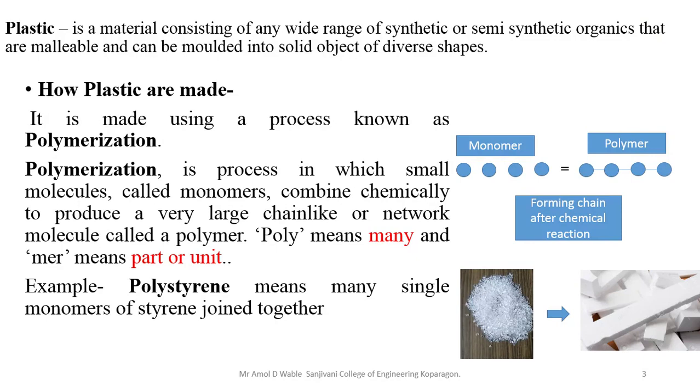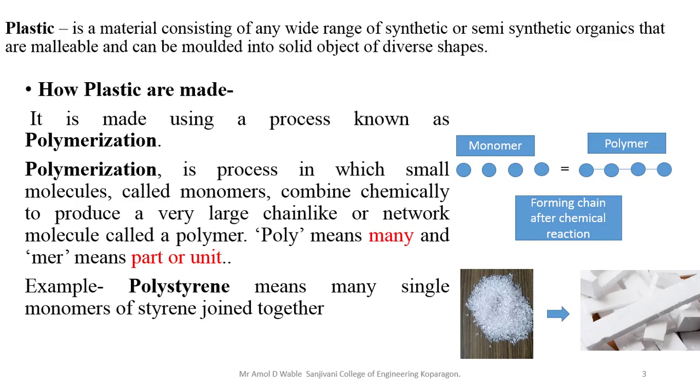It is a material consisting of any wide range of synthetic or semi-synthetic organics that can be malleable or can be molded into a solid object of diverse shapes. Due to this reason we have transformed metal part components to plastic material. So we should know how plastic is made first.